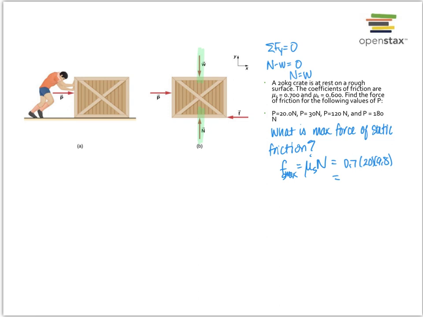And so that ends up to be the maximum force of static friction that I could get is actually going to be 137.2 newtons. That's pretty big. Now, what we would know is as long as P is less than this maximum force, the crate won't move.